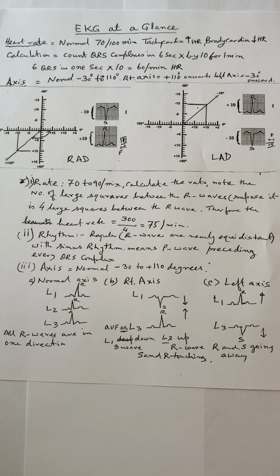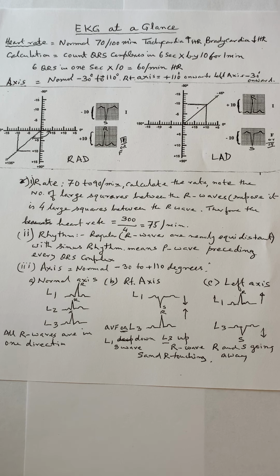If it is rotated towards the left side, it is known as left axis deviation. If it is pushed towards the right side, it is right axis deviation. Now, normal axis is between -30 and +110 degrees. Let us imagine if you cut the thoracic cavity and see the heart hanging, then you can easily find out how much is on the left side deviation and how much is on the right side.